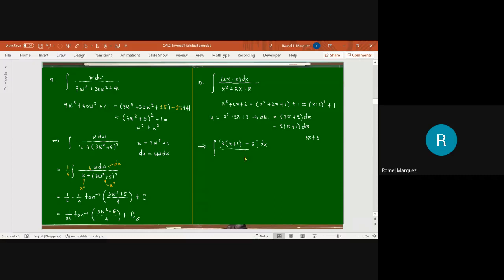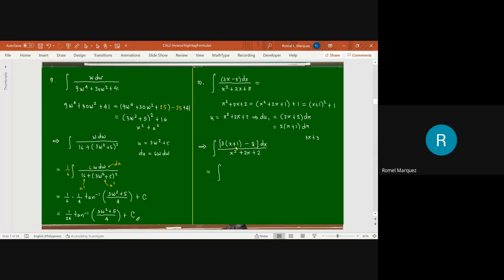Yung mga integral na you cannot directly evaluate, no? Kailangan magaling sa manipulation. At to be able to transform in the suggested na mga formula. Kaya you must be familiar with the formula so that you know where to fit the given integral. Yan. Let's split now. Oh, we need splitting.